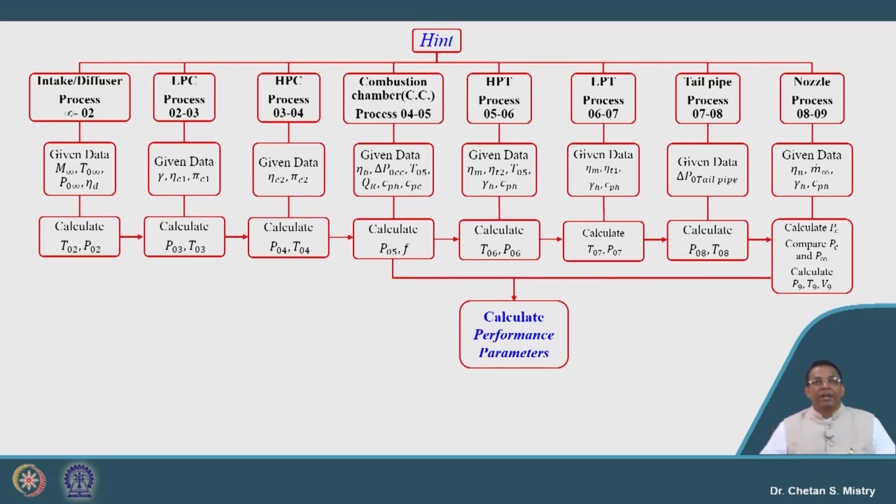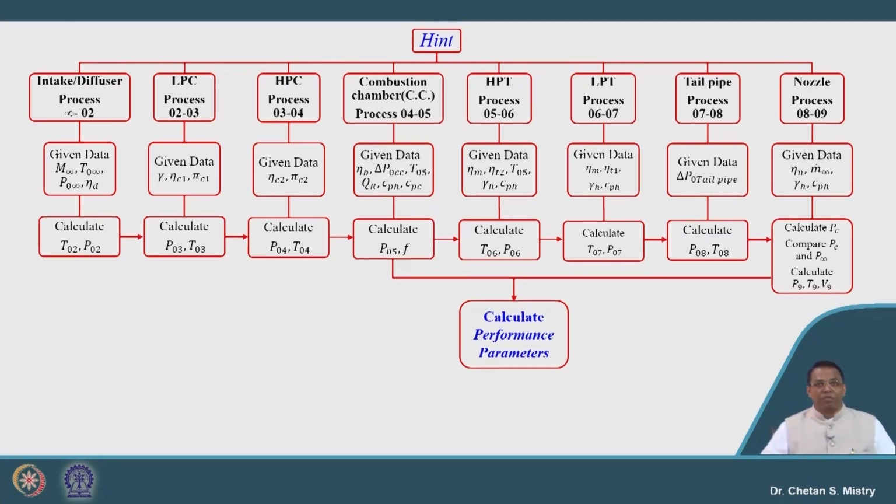The LP turbine exit and nozzle are connected with the tailpipe, for which the pressure drop is given, giving us the pressure and temperature at the exit of the tailpipe. For the nozzle we calculated the critical pressure and realized it is a choked nozzle, and based on that we calculated the exit static pressure, exit static temperature and exit velocity.